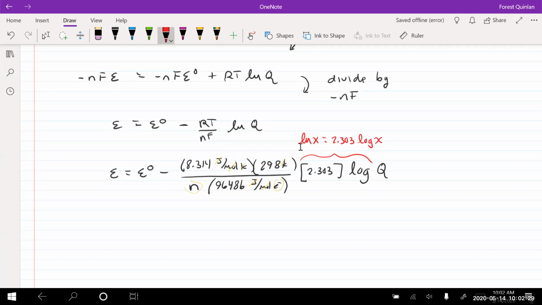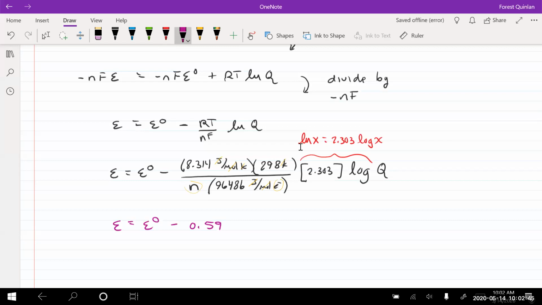And at the end of the day, you end up with this: E equals E naught minus 0.59 over n, log of Q, and n is either 1 or 2. Let me just punch it real quick.